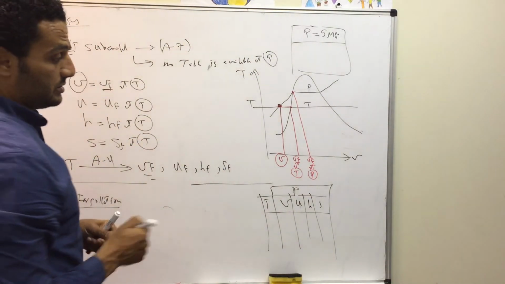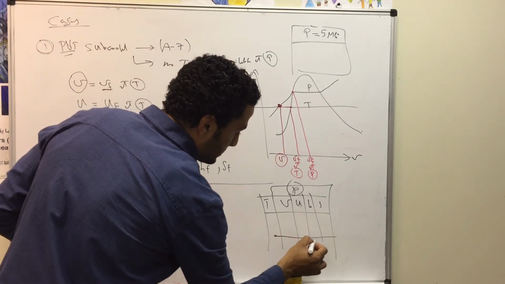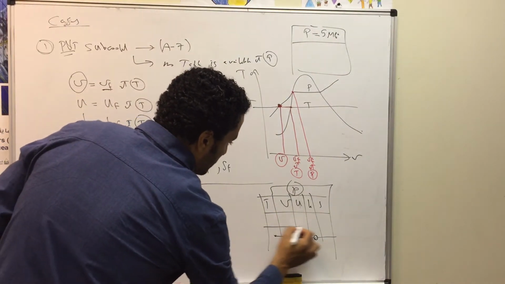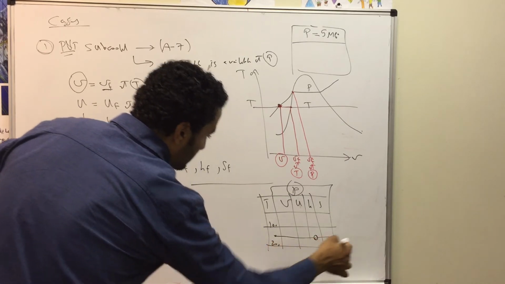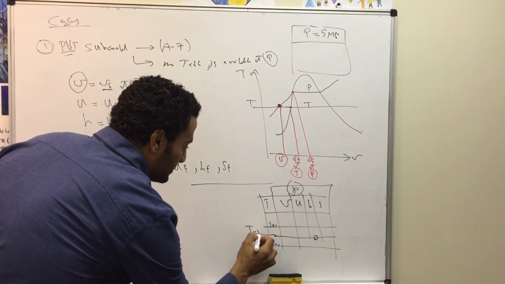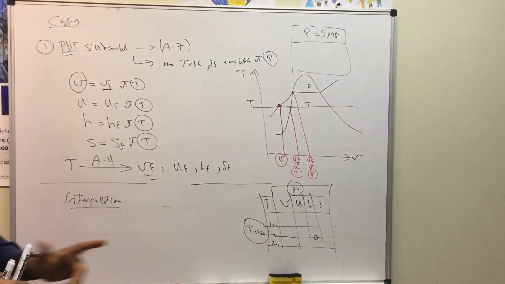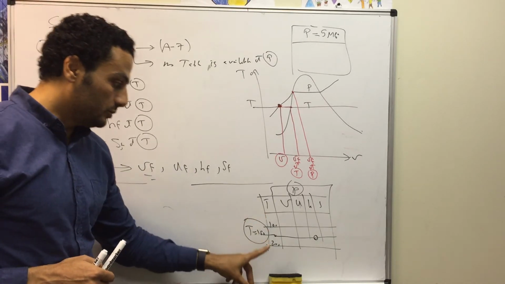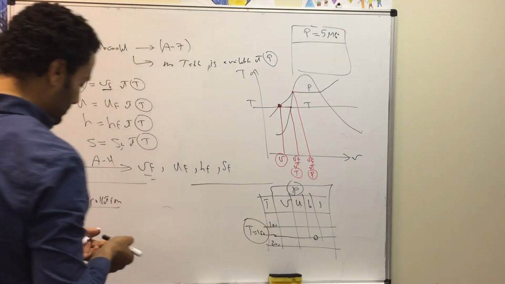Let's say pressure and temperature are given, and I need to read the enthalpy. In this table we have the properties at 100 degrees C, and at 200 degrees C. But I need to calculate the properties at a temperature of 150, which is not listed in this table. We have the properties at a lower temperature and at a higher temperature, but we need the properties at a temperature in between.